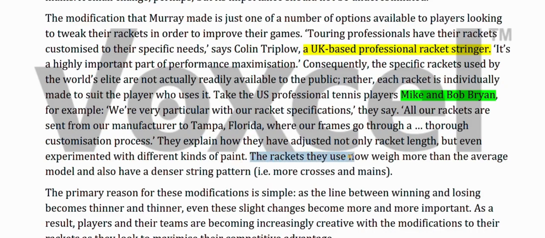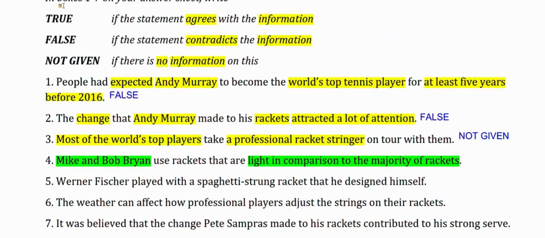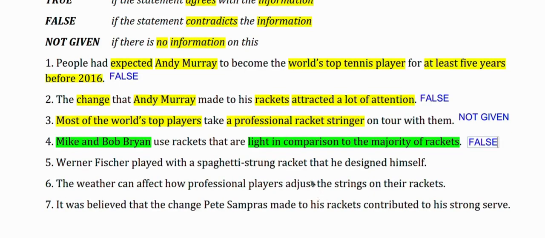The rackets they use now weigh more than the average model. So their weight is more than the average model. But the question is saying their weight is light in comparison, and we know their weight is more than the average model, so our answer will be false. Clear? It's quite easy to understand.